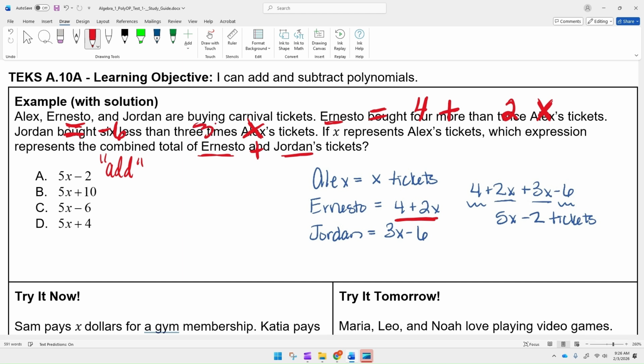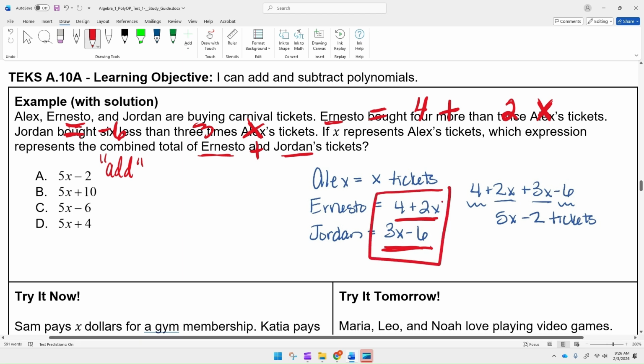So the 3x is not the minus, the 6 is the minus. Does that make sense? So when they wrote the expression, because that 3x is positive, they wrote 3x minus 6, okay?